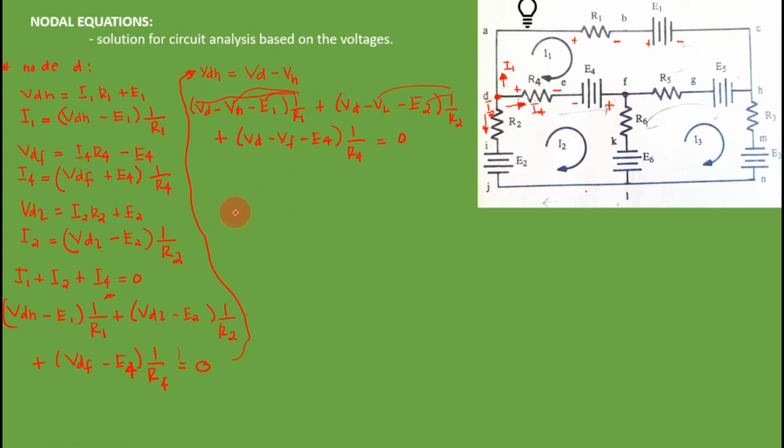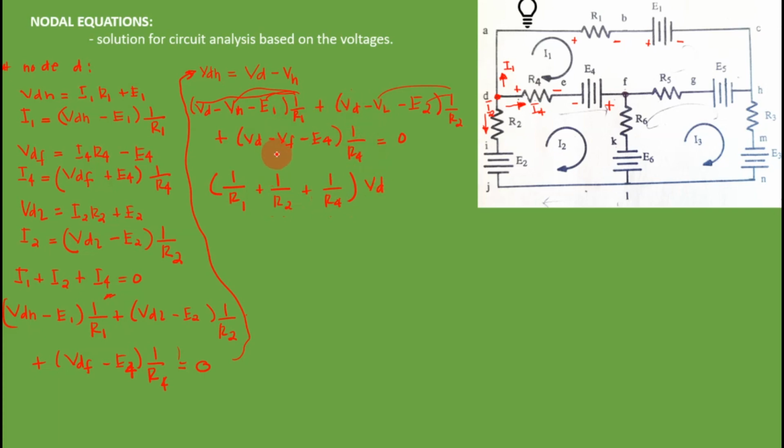Okay, in this case you are going to group 1/R1, 1/R2, and 1/R4. Now if you do that, you will have this algebraic result: (1/R1 + 1/R2 + 1/R4) V_D.